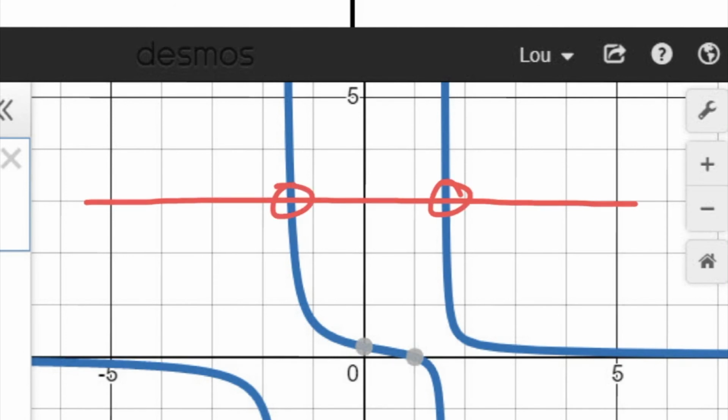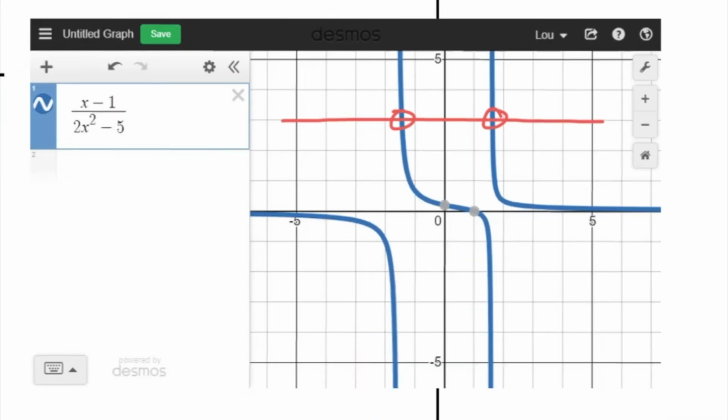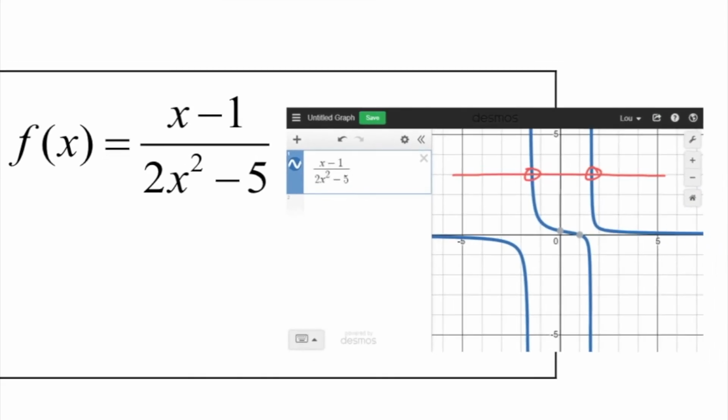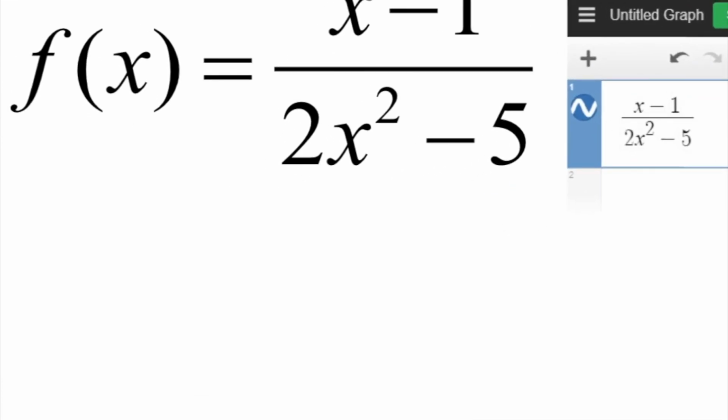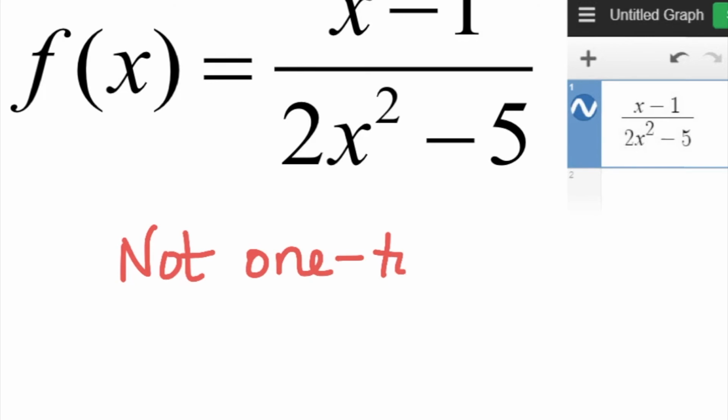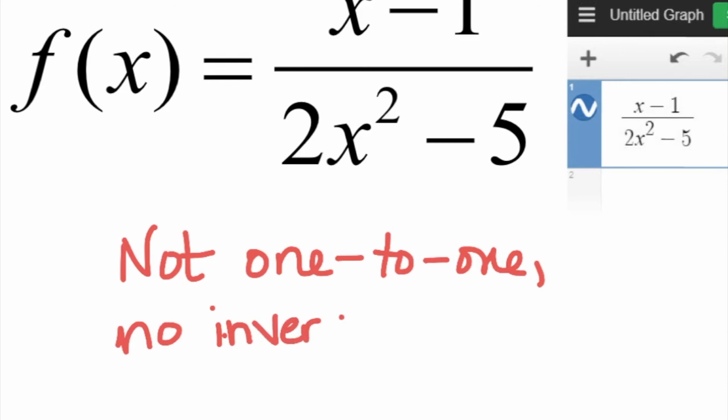So now with my new and improved straight line, you can see that it does not pass the horizontal line test. And although it's a nice graph and the original function is a function, the inverse would not be a function. And so we're going to say it's not 1-to-1. No inverse function exists.